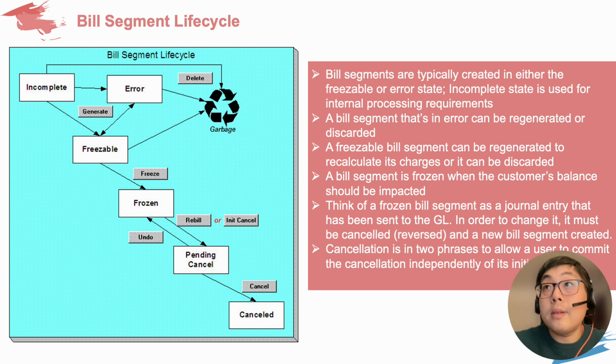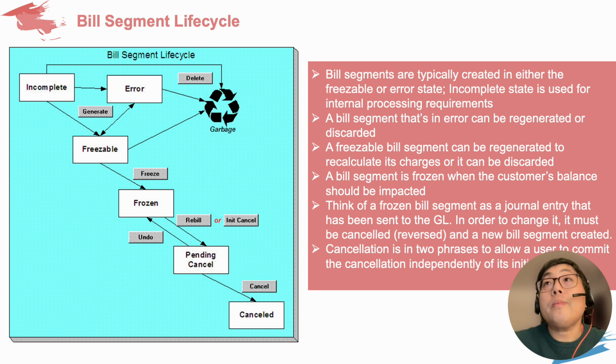So this is quite an important thing because literally all the accounting is looking at financial transactions, and this is a key stage where the bill segment becomes impacting the financial transaction.